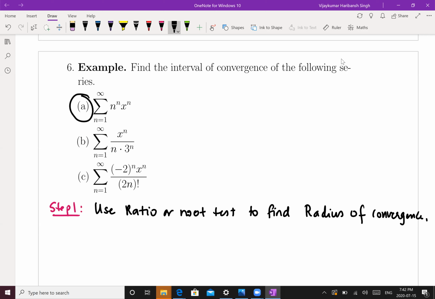In this case, we are doing problem B now. So let's apply this. I'm going to use the ratio test. All right. So let's see, what will the ratio test give me?